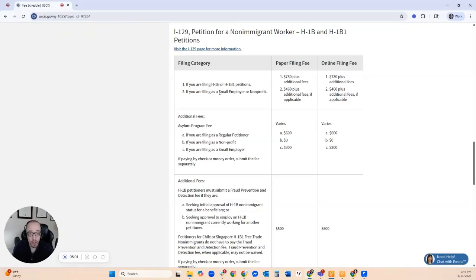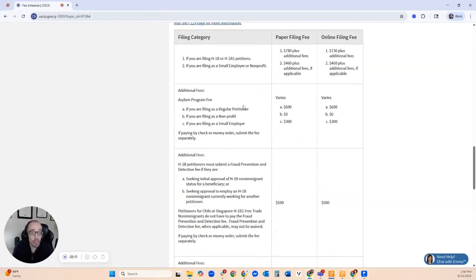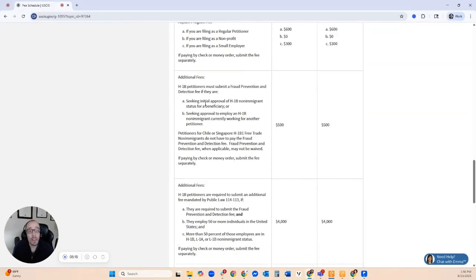Same thing with the other ones. There is the small employer or nonprofit that gets a lower fee. And if you have more than 25 full-time equivalent, then you have to pay the higher fee. In addition, you have the same thing, the asylum program fee, depending on the size of the employer. Then there is the fraud prevention and detection fee, which is applied to all H-1B petitions that are first-time filings, initial approval.